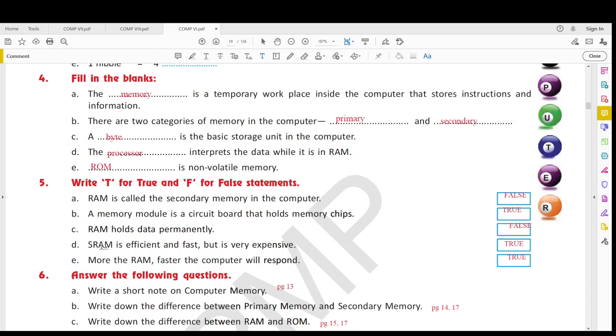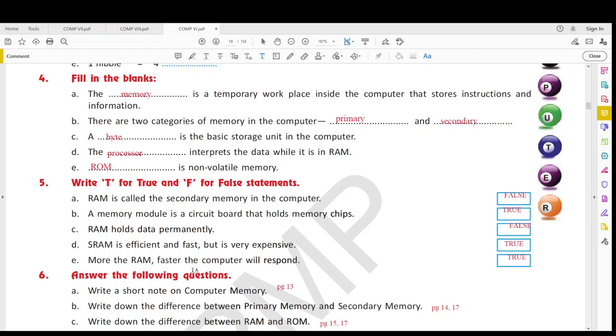More the RAM, faster the computer will respond. It is true. So more is the memory, more is the speed of the computer. Why? Because it will have to spend less time in data transfer. All the data and instructions that are required to be executed are kept on the memory itself and not on the secondary memory.